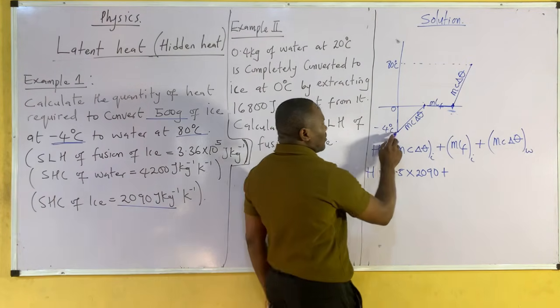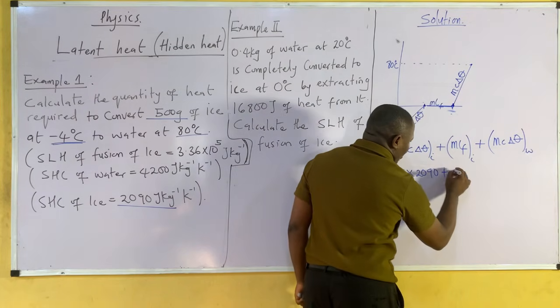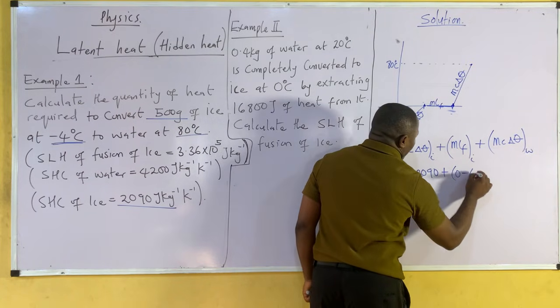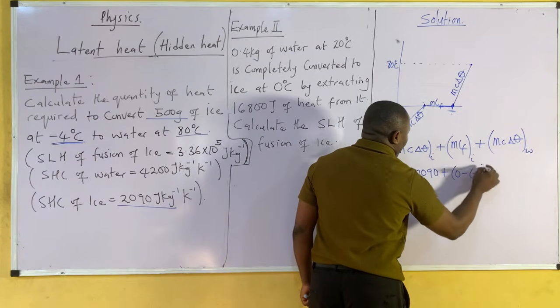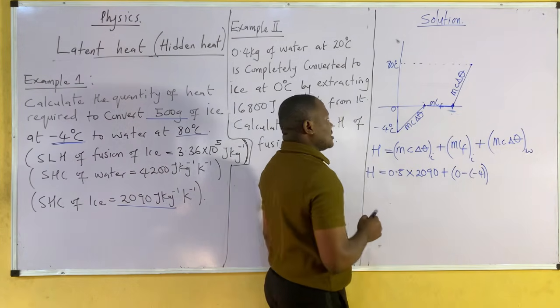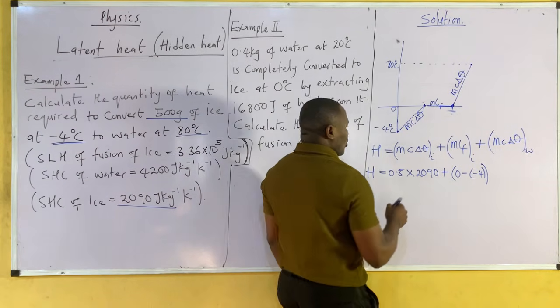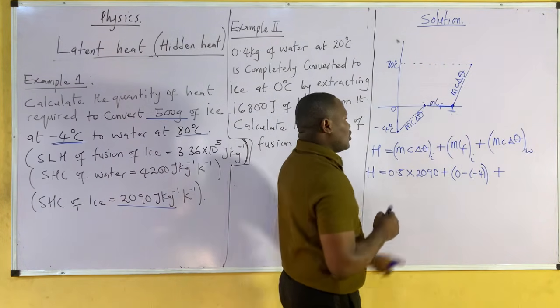It's changing from minus 4 to 0. So it will be, look at this very well, 0 minus minus 4. That's how I will express it. So that will now be plus. We are now adding that of this.